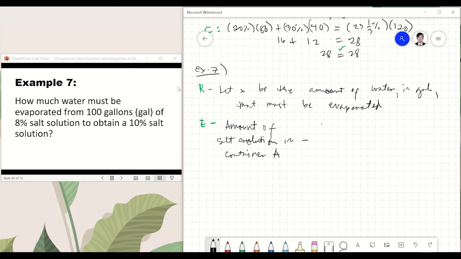So, minus na yung operation natin. Minus, dito naman, ito yung amount of salt solution in container B. And then, yung result naman natin, let's say nasa container C na siya.